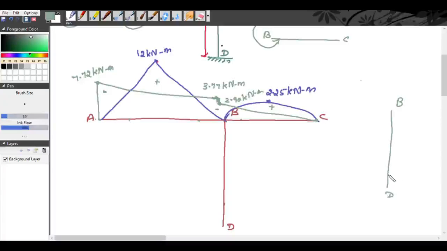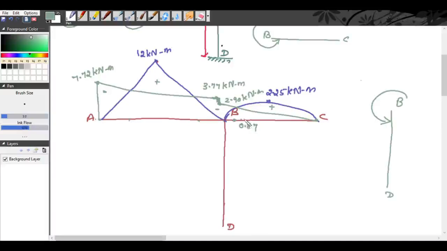At B, that is MBD is minus 0.87, it is anti-clockwise. So from outside you draw an anti-clockwise. It is facing towards the right. See, that means minus 0.87 comes somewhere here.